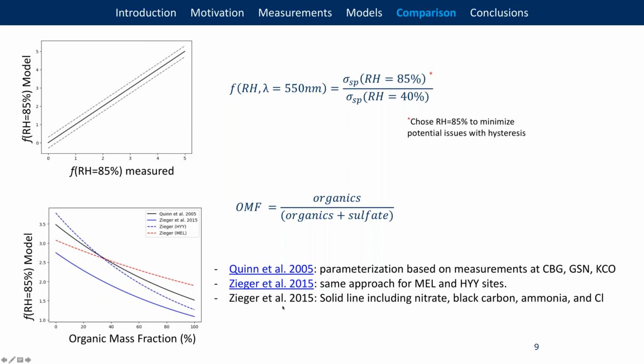There's also the possibility to compare with other parameterizations that include other components, but we have not used these because not all the models have nitrate and ammonium, so we have just focused on organics and sulfates.